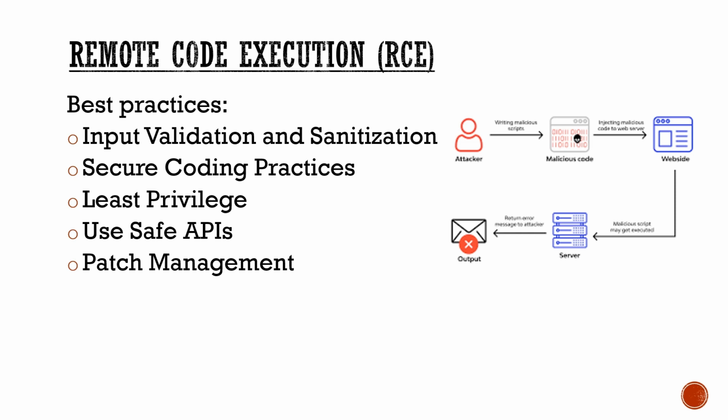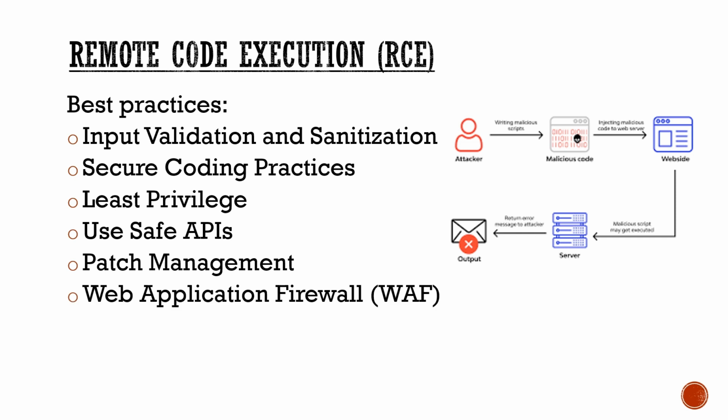Patch management. Keep all software libraries and frameworks up to date with the latest security patches to address known vulnerabilities. Web application firewall. Implement a WAF to detect and block attempts to exploit RCE vulnerabilities.